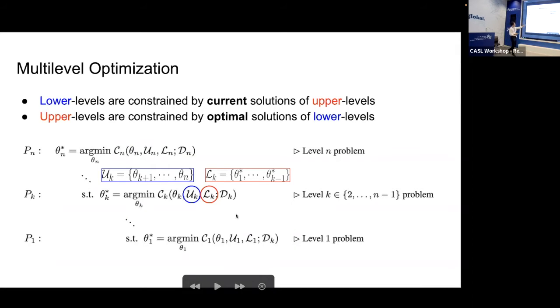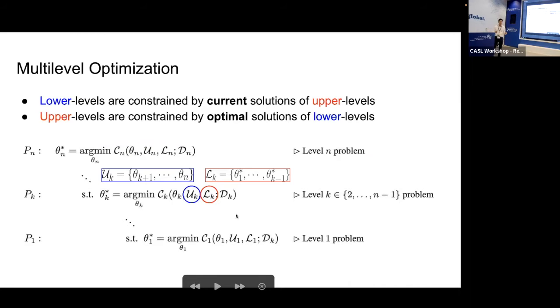If you look at the middle equation, the blue part is the upper-level constraint, and the red part is the lower-level constraint. As you can see, the upper-level constraints are non-optimal solutions, and the lower-level problems are the optimal solutions. In this way, we can formulate interactive optimization problems more formally using the multi-level optimization framework.